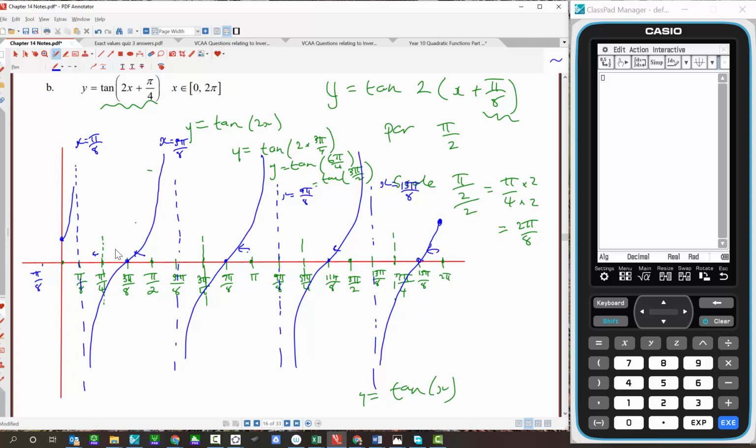All right, so there's all our asymptotes labelled. Our x-intercepts: 3 pi on 8, 0; 7 pi on 8, 0; 11 pi on 8, 0; and 15 pi on 8, 0.